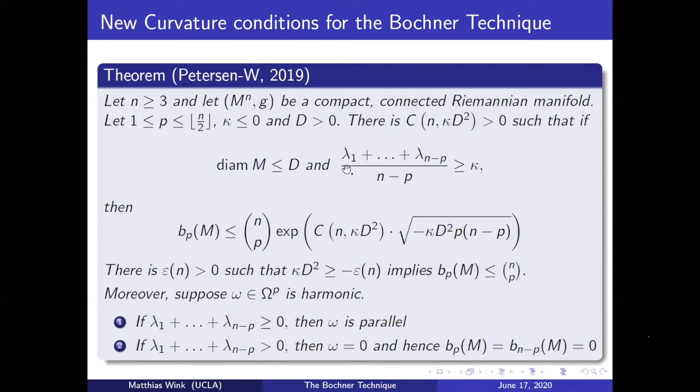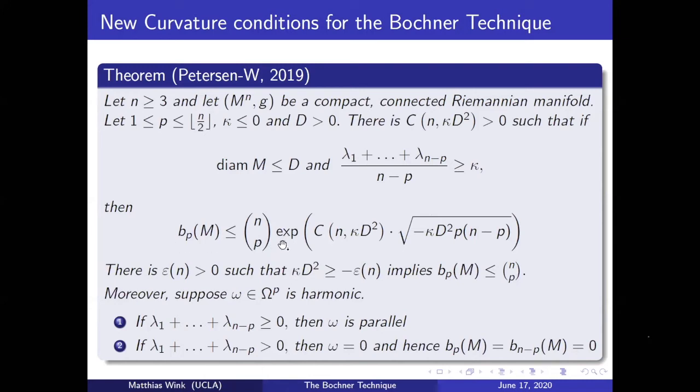Okay, so Gallot had a lower bound on the entire curvature operator. With Ricci flow techniques, we still had a lower bound on the curvature operator. And we now say, actually, we can write a condition down which grows in dimension, or rather gets weaker as we grow in dimension.